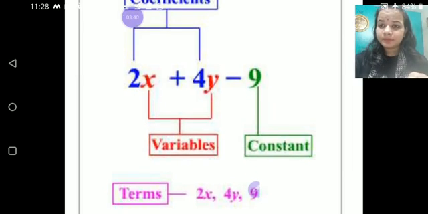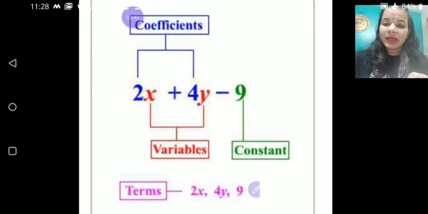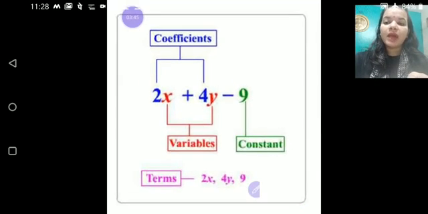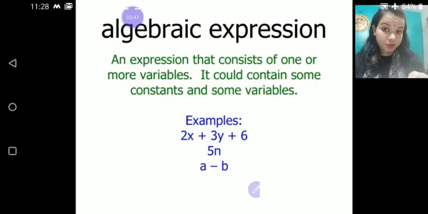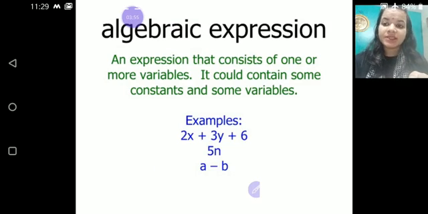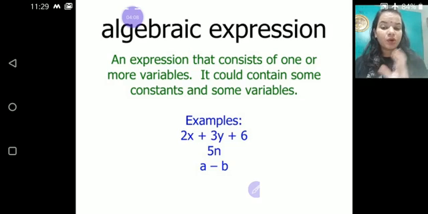Now, such a type of expression is known as your algebraic expression. What is an algebraic expression? An expression that consists of one or more variables. It could contain some constants and some variables. So in an algebraic expression you can find one or more variables. It can also contain some constants. So basically an expression made up of constants and variables is your algebraic expression.